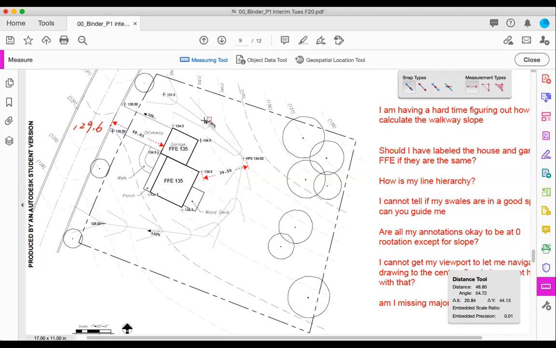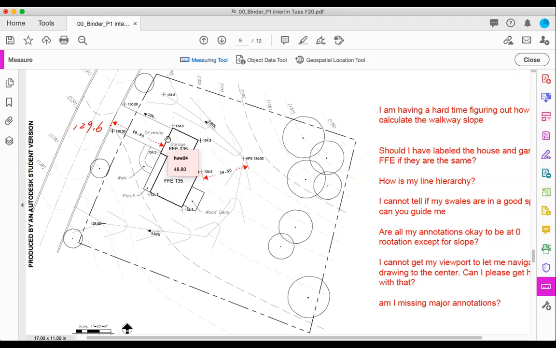So yeah, very similar. You have the same distance, which means the calculation would give a maximum garage FFE of around 134.1. So that's a little too high. So the garage FFE will be around 134.1.